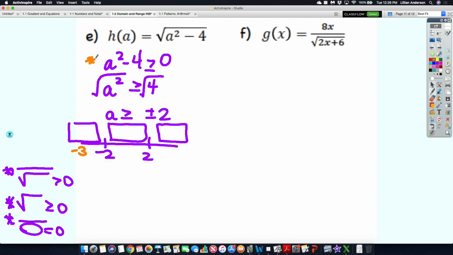What's -3 squared? Minus 4. Is that greater than or equal to 0? What's the number in between? 0. 0 squared minus 4 is? Does it work? What's the number bigger than 2? When I plug in 3, does it work? Yes.